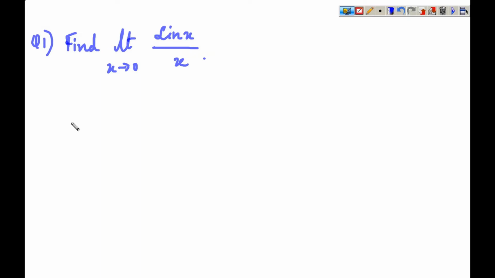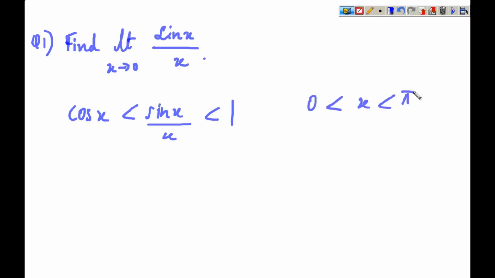Now we know from the previous video that cos x is less than sin x by x is less than 1. That means the value of sin x by x is in between 1 and cos x for all values of x in between 0 and pi by 2.